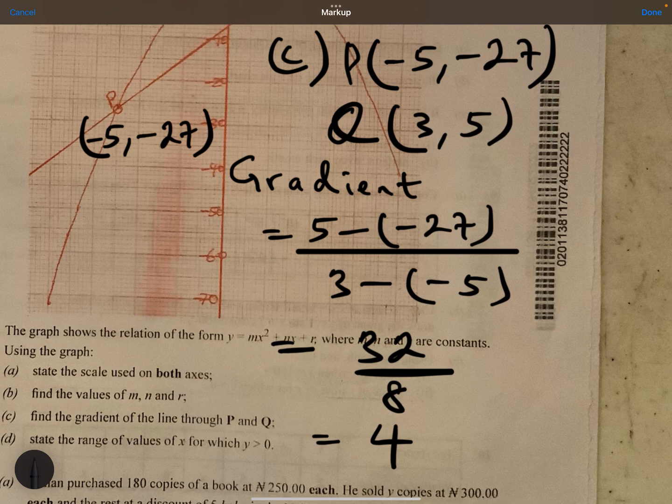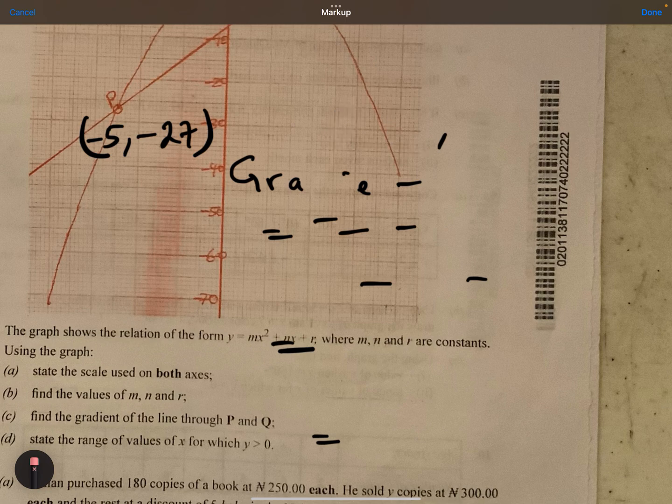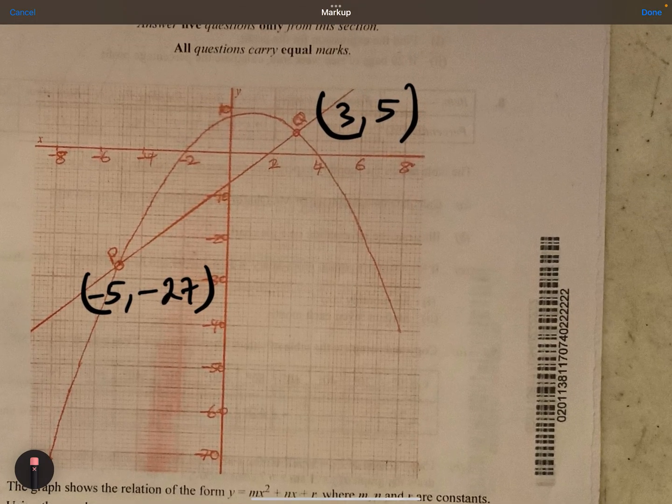Now what's the next one? State the range of values of x for which y is greater than 0. That's question D. Let me go back to the graph to check that.